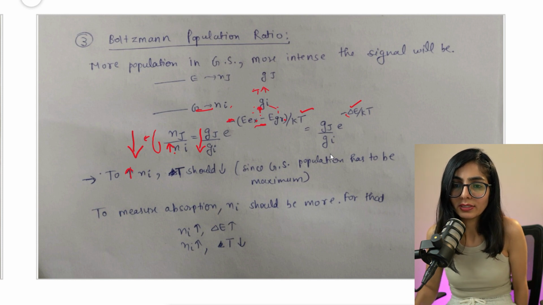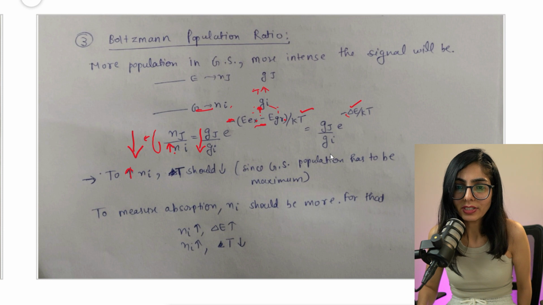Suppose there is a decrease. That means the number should be more over here. Tell me, is minus 4 larger or minus 2 larger? Minus 2 is larger. So to decrease this quantity, I have to increase the power over here, because minus 4 is the smaller number.